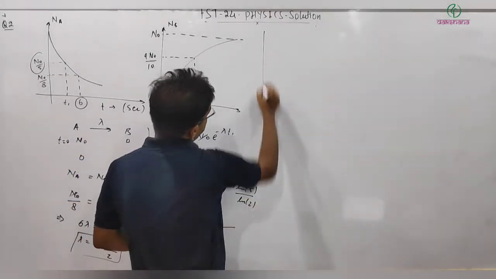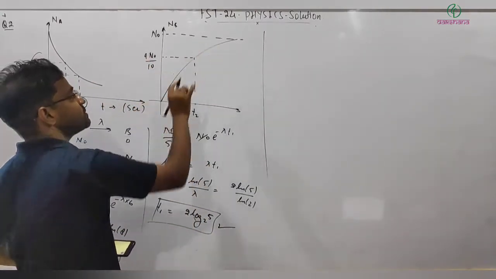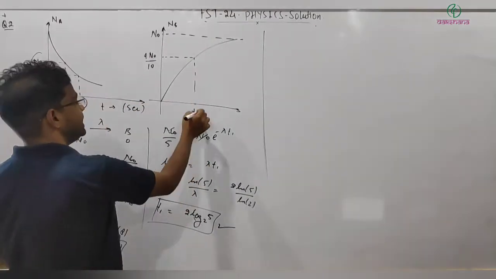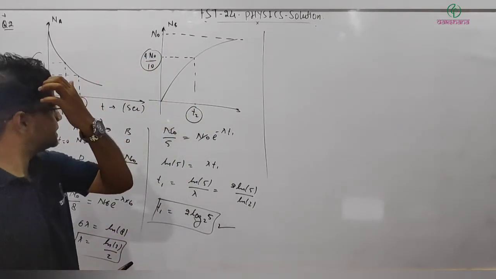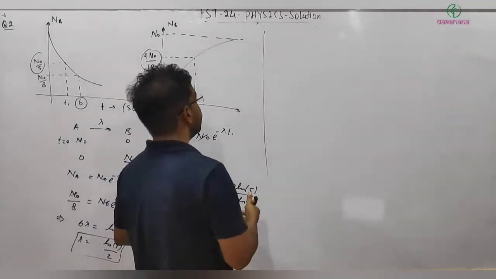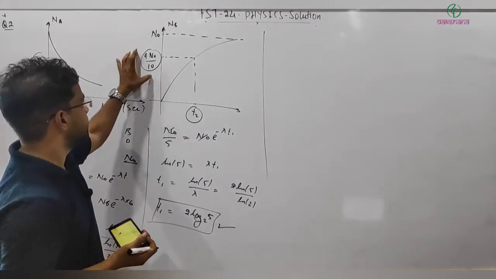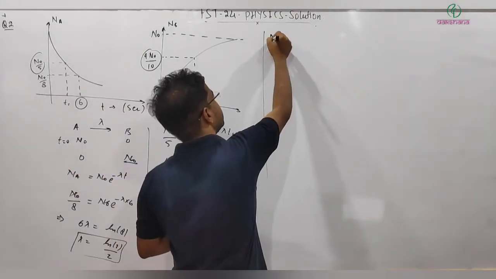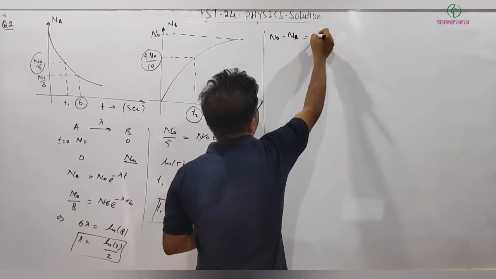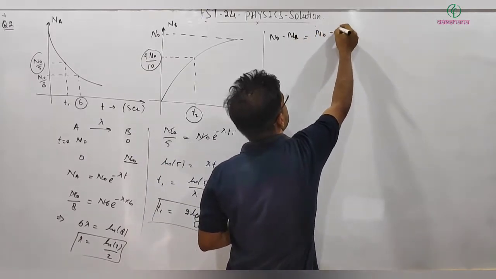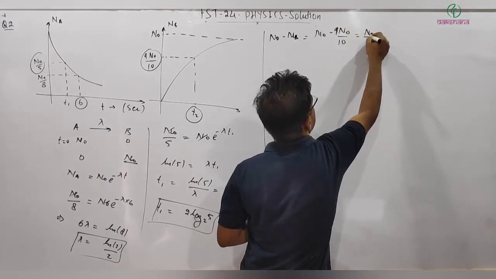And the next thing, the number of nuclei finally becomes N naught, and at t2 time Nb is given as that. If Nb at t2 time is this, then what will be Na? Na can be written as N naught minus Nb, and that is equal to N naught minus 9 N naught by 10, which is equal to N naught by 10.